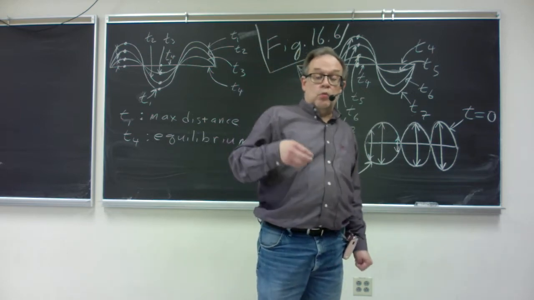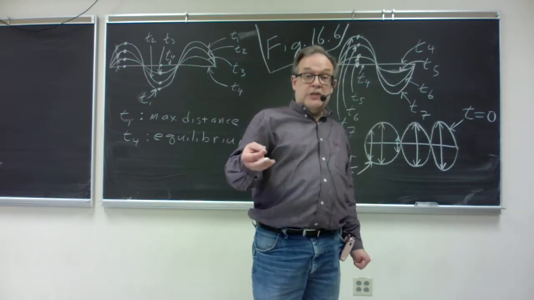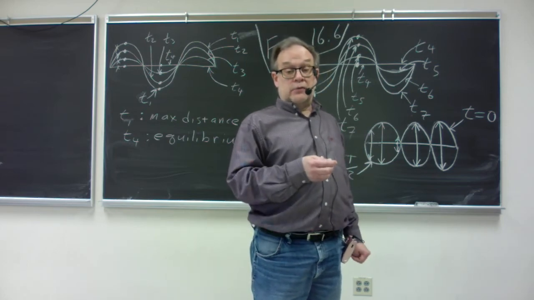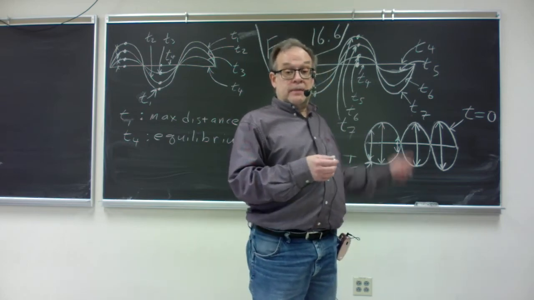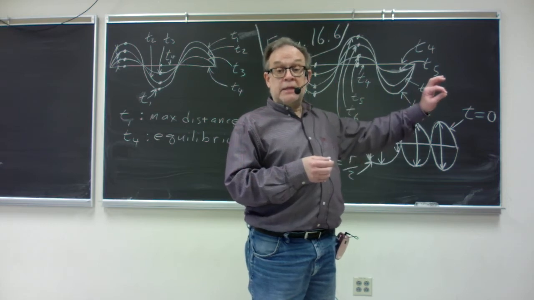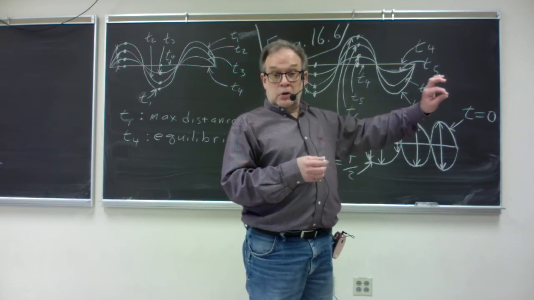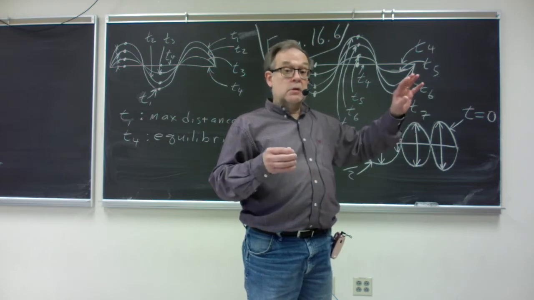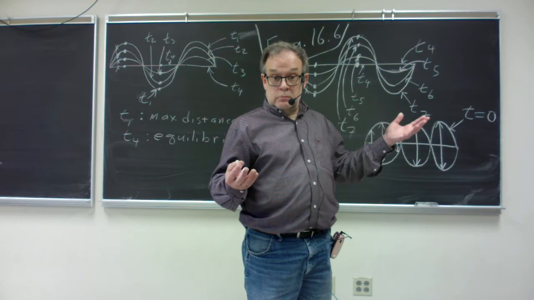So one feature of the standing wave that makes it look different from the traveling wave is that every piece along the path of the wave has a different amplitude.